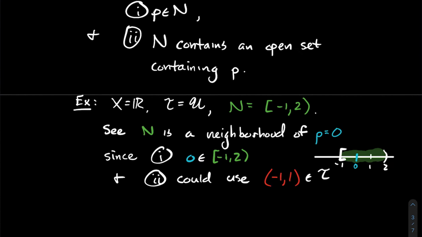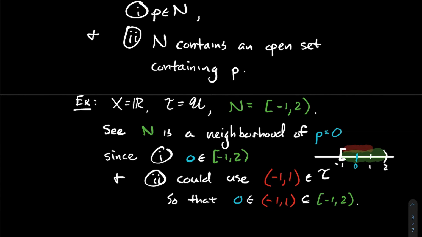And there's lots of options. So I'm just going to pick a convenient one, like -1 to 1. That's going to be open. And I see that 0 is in it, and that that interval -1 to 1 is contained in -1 to 2. And just to highlight that there, I just drew it up there with red highlighting. So that would be you saying that N is a neighborhood of P.